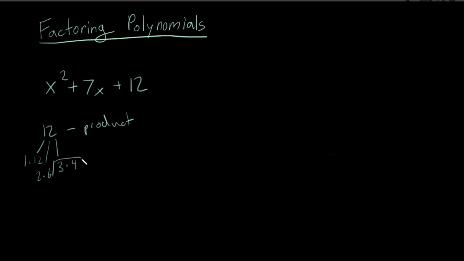to 7, so I'm going to choose these as my factors. And over here, I'm going to rewrite it to x squared plus 3x plus 4x plus 12. Right? And then we'll factor this down. So x and x, we can take that out. So we have x plus 3. We have 2 factors of 4.